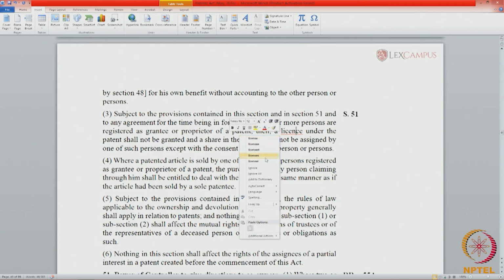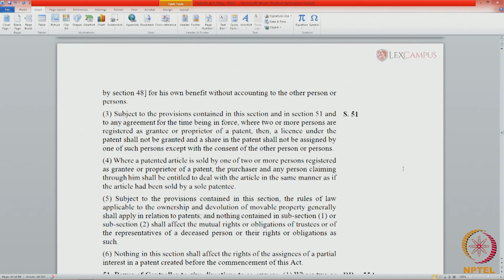This talks about licenses that are issued by joint owners. A co-owner cannot issue a license, or assign a share in a patent, except with the consent of the other persons.